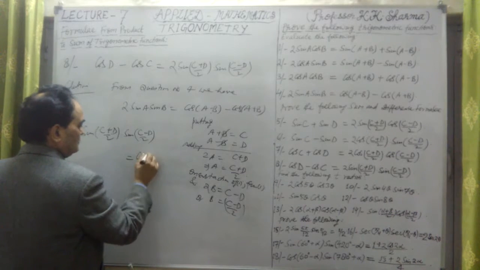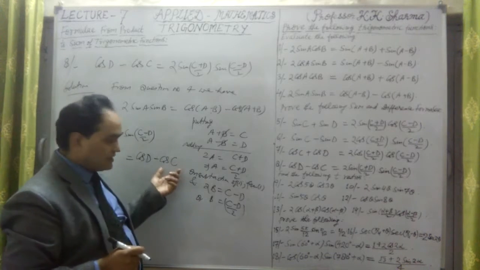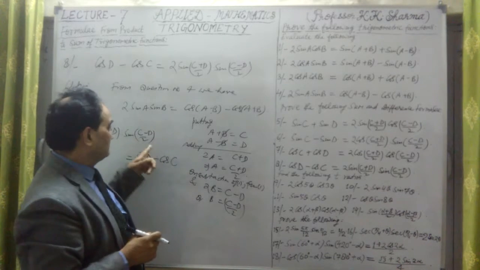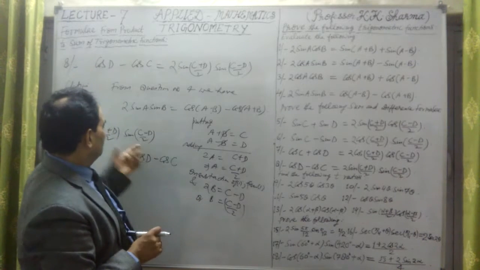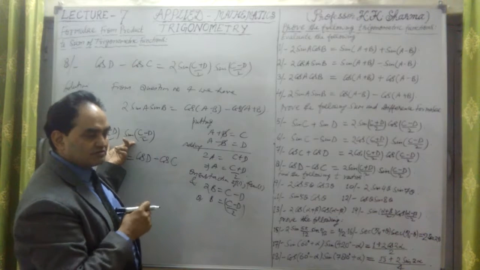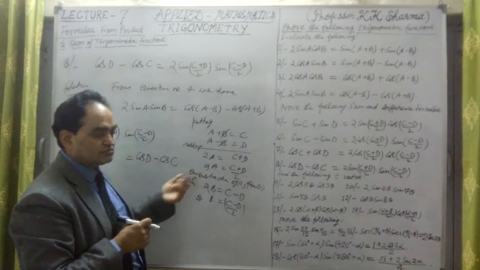Again, this is cos of D, try to understand, minus cos of C. And if I write first cos C, then minus, then it will be a negative sign on the left hand side. Okay, so in the beginning, if I put a minus sign, then it will be cos C minus cos D. Otherwise, it is cos D minus cos C.